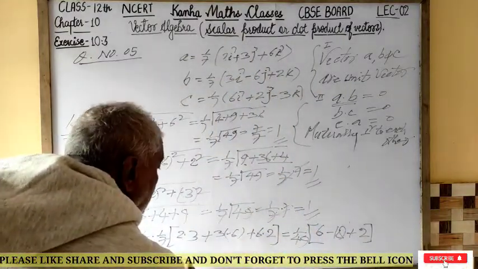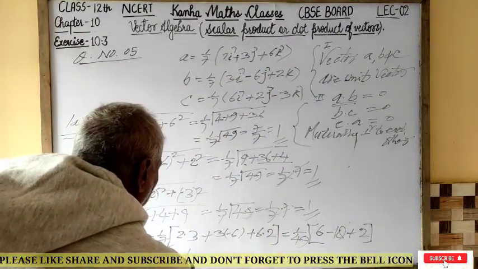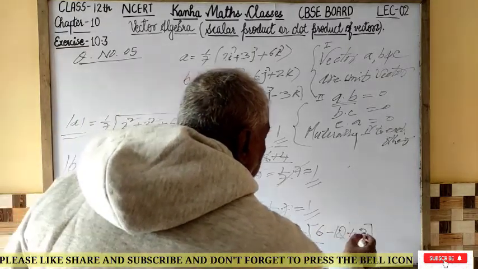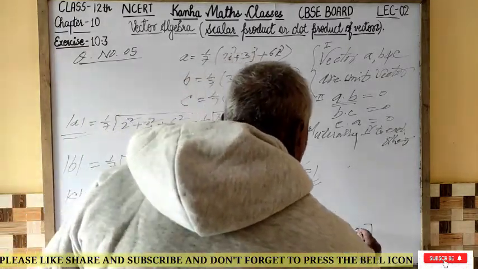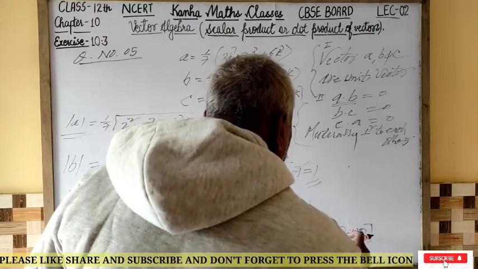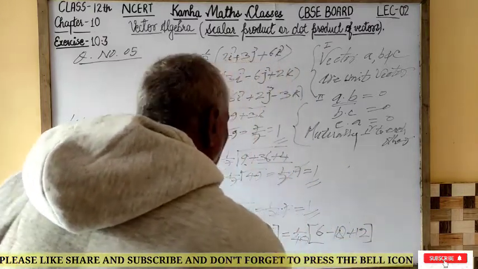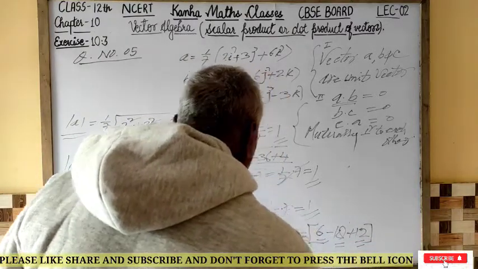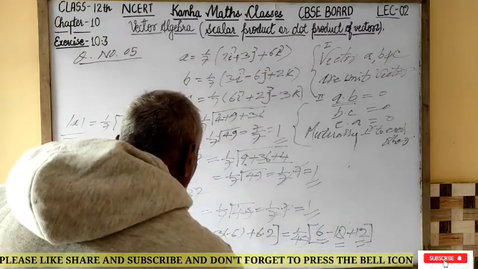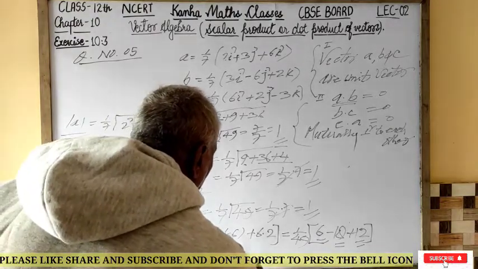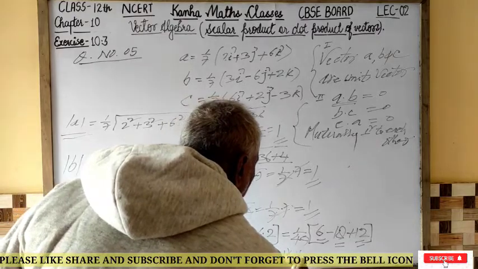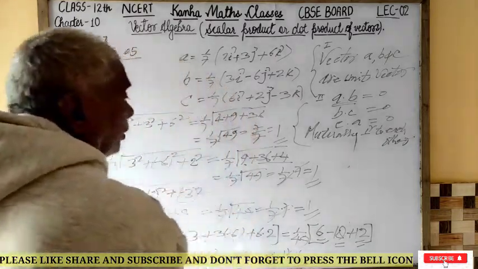It means 1 upon 49 times 6 plus 12, 18 minus 18, which is 0. So 1 upon 49 into 0 is equal to 0. It means A is perpendicular to B.